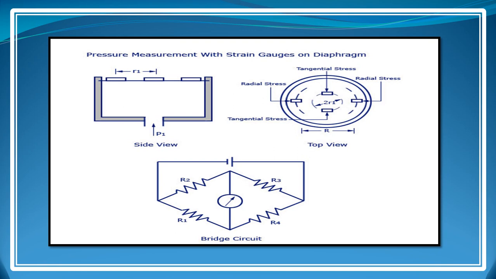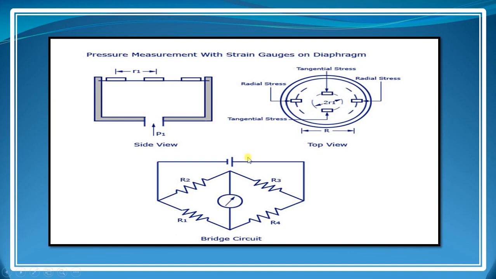So we can use its resistance in a bridge form, and we can get the differential output. So we can also use the diaphragm as a resistive pressure transducer. So we all read about capacitive type and resistive type and inductive type.